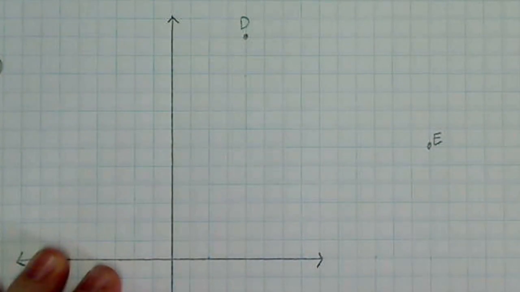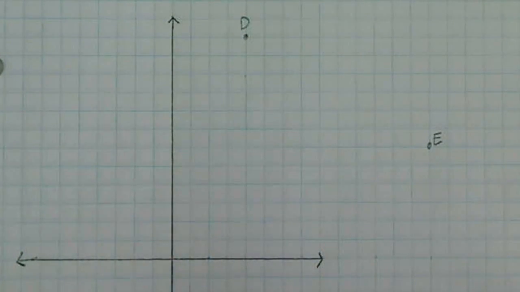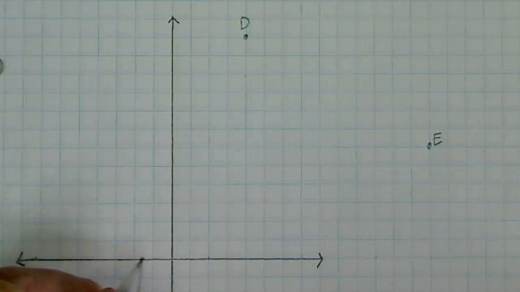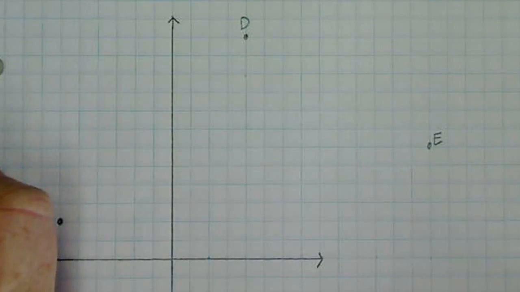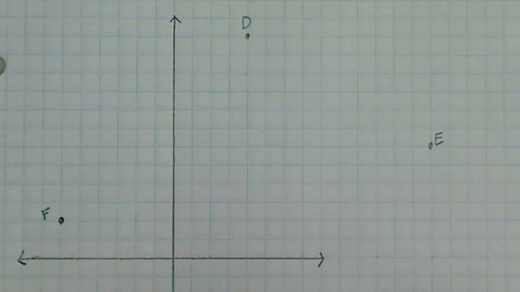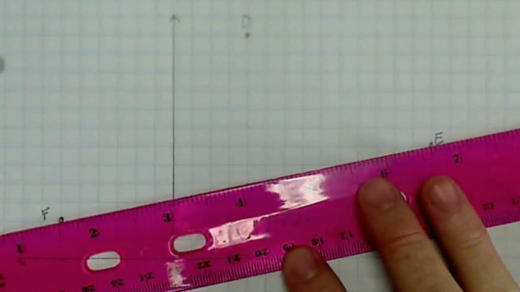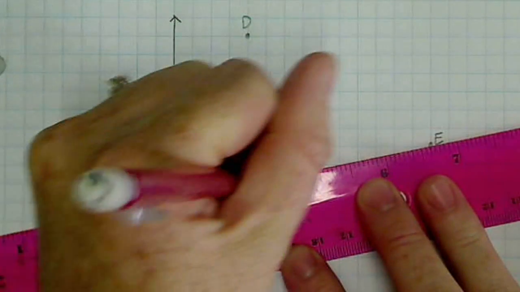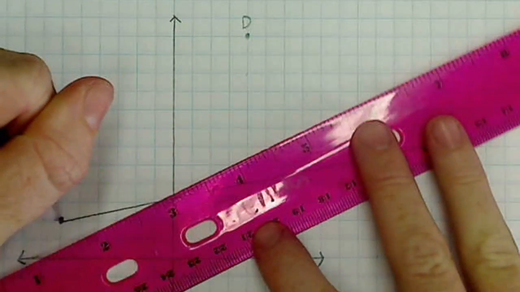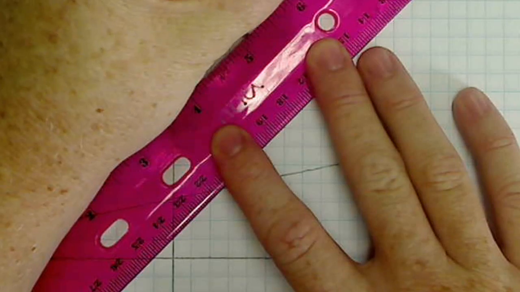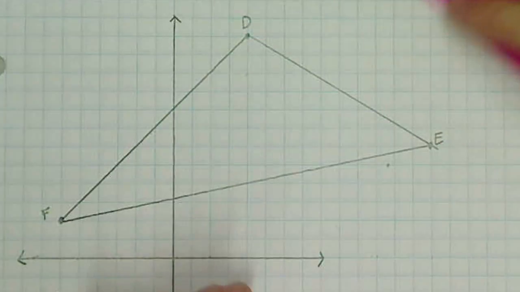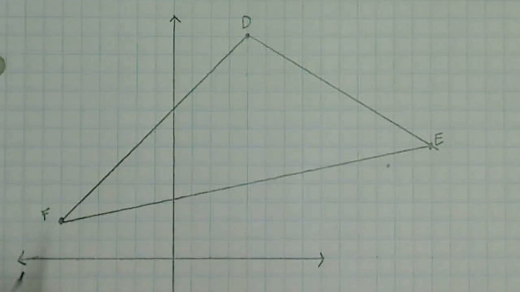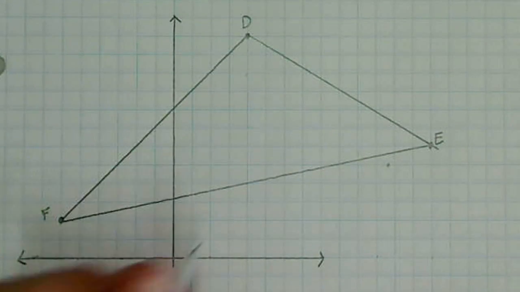Here's E. And then F is at -6, 2. Use your ruler to connect all of those points to make a triangle. And we are asked to find the circumcenter.